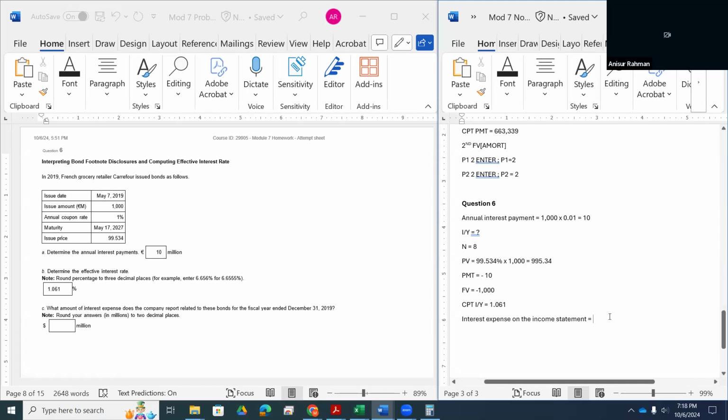So it will be your carrying value multiplied by the market rate. So your carrying value is this times 1.061.